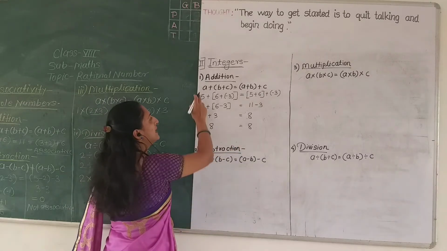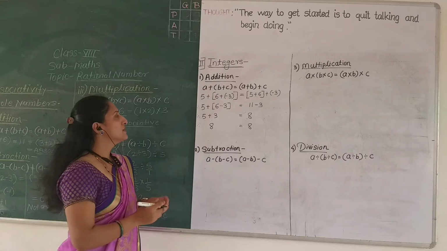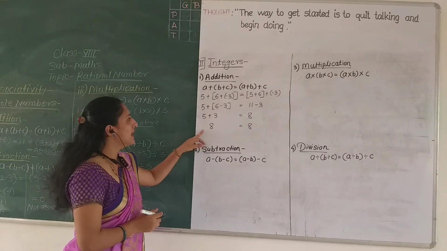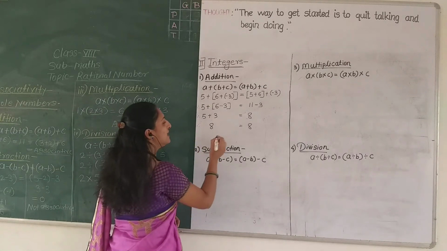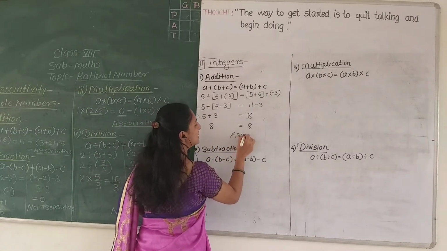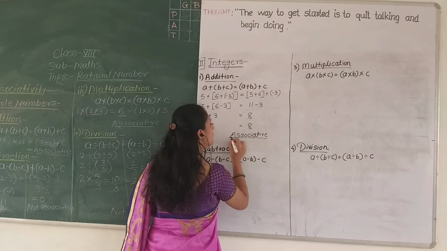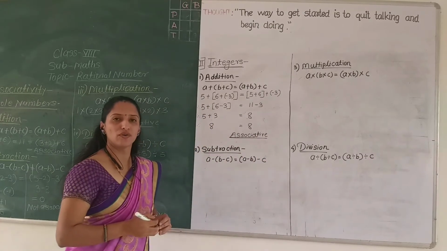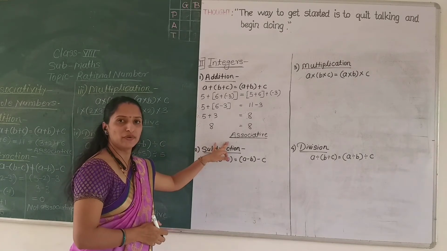That means LHS is equal to RHS. Okay, so if I get LHS equal to RHS, this shows that addition is associative. Addition is associative for integers. Okay, so for integers, addition is associative.